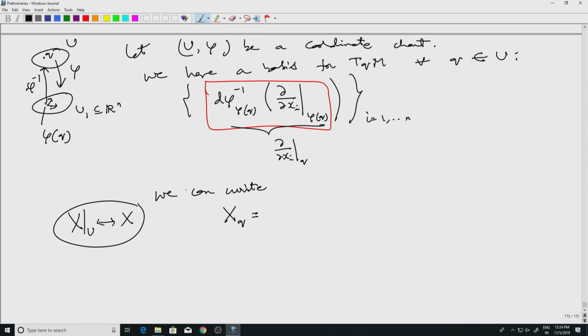So X at Q is by definition a tangent vector at Q, an element of TQ U or TQM.